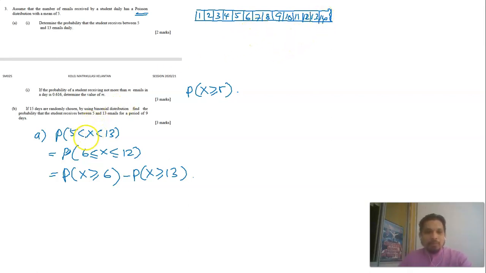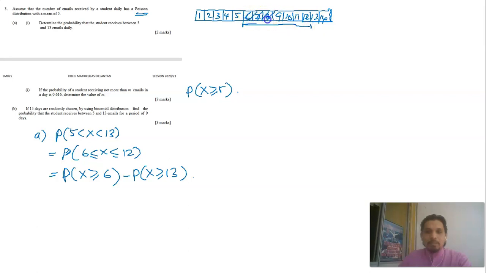So X greater than 5 is not equal to 5, so begin with 6 until, and here, less than 13 does not include 13, so before 13 is 12 here.